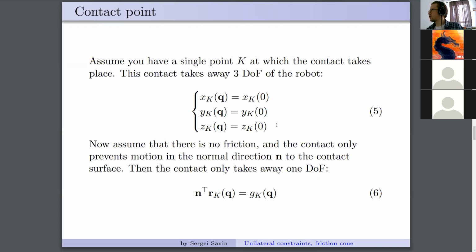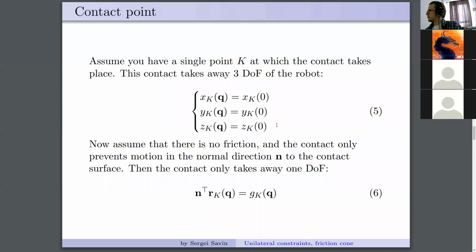So here n should also be a function of q. But for a wall, for example, it would be just some constant, not necessarily 0. So expression number 6 would have a constant on the right-hand side in the case of a straight wall. Okay, so just notice this is a scalar equation. So expression number 6 is scalar.